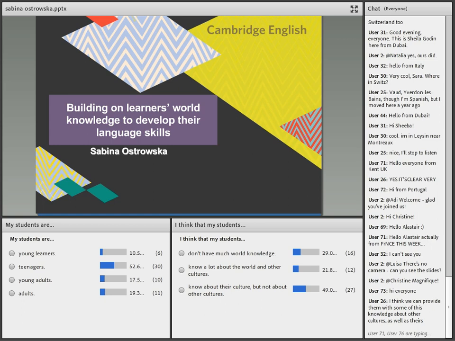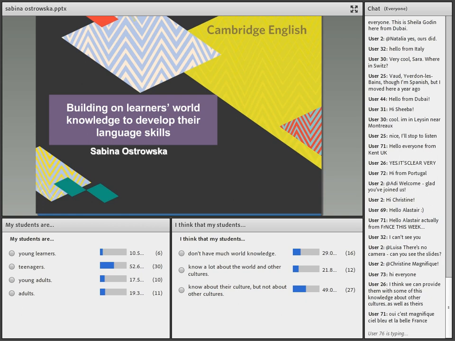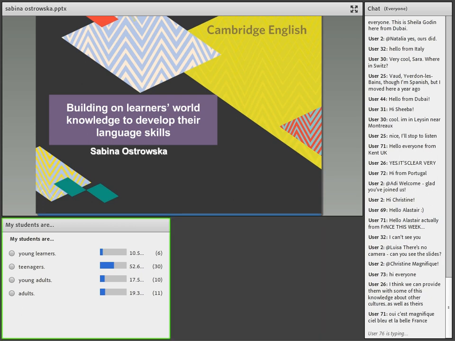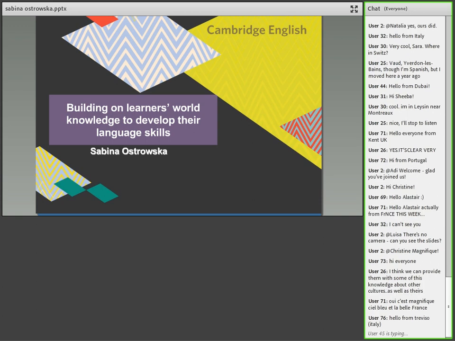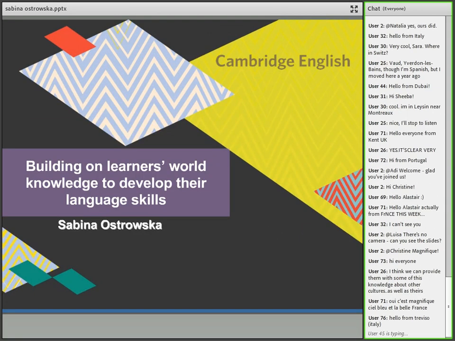And okay, we can close the polls now. I think I have a good idea. As we can see, almost 30% of the people said that their students don't have much world knowledge. And similar numbers said that their students know about their culture, but not much about other cultures.